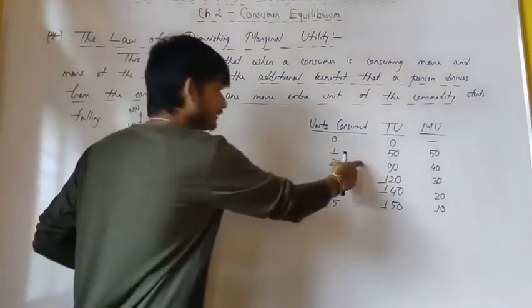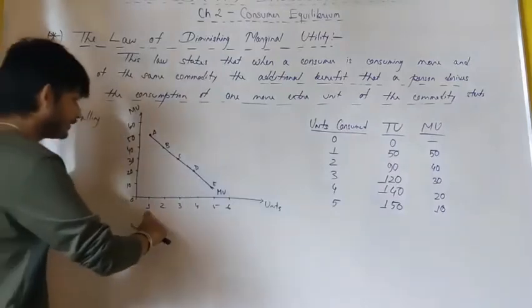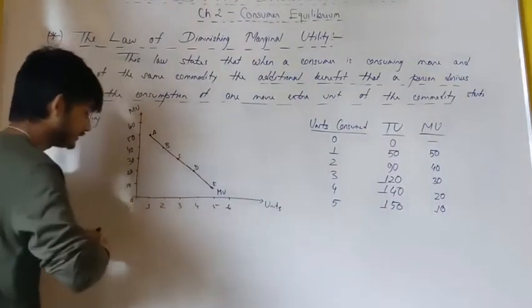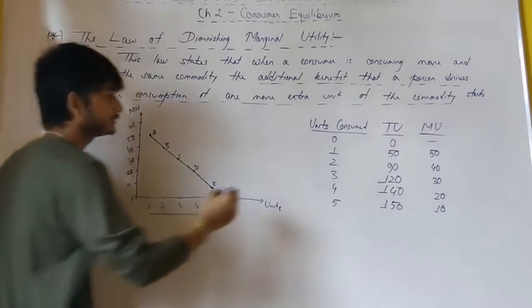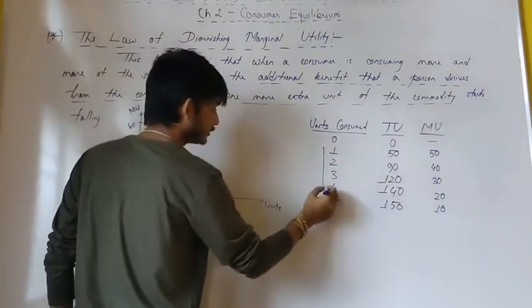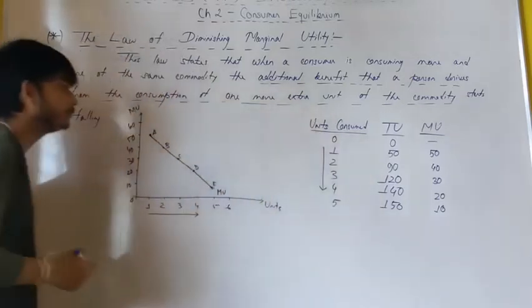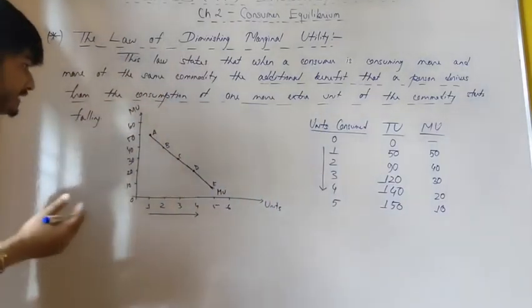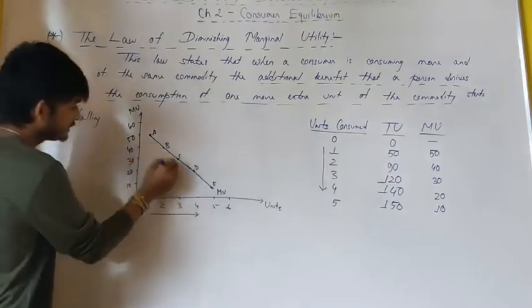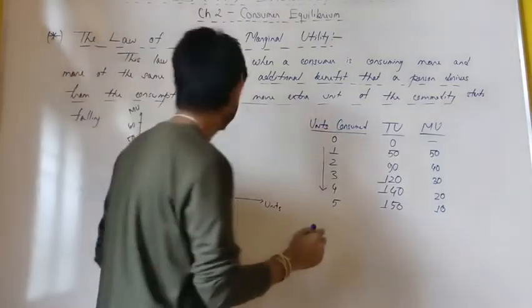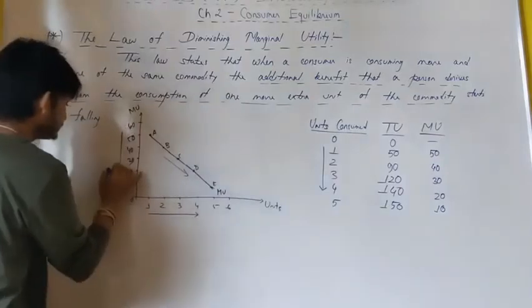From the table also we can find that whenever the consumer is consuming more and more of the same unit, the marginal utility gradually starts falling.